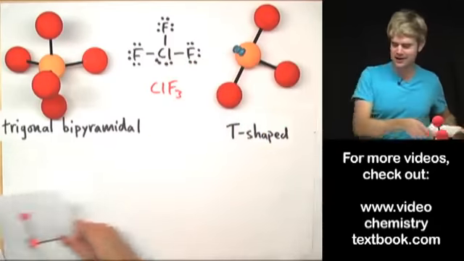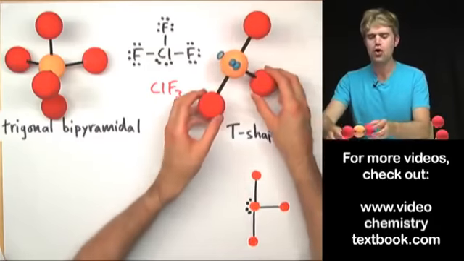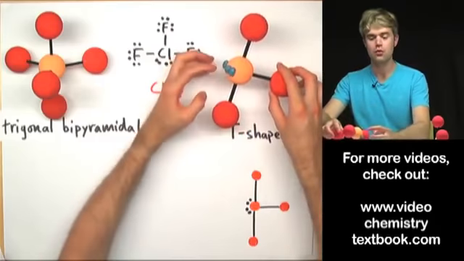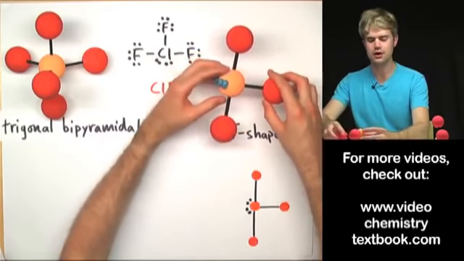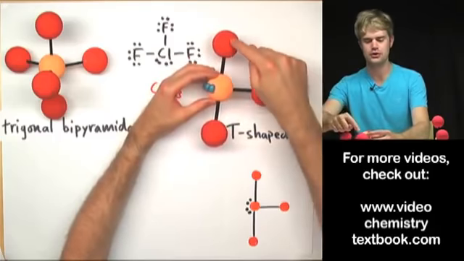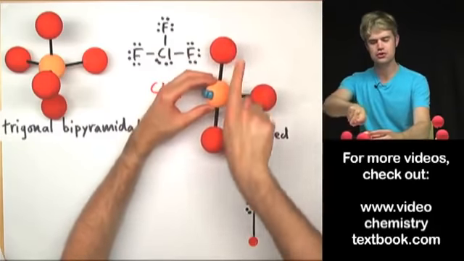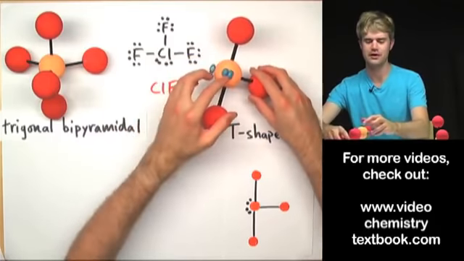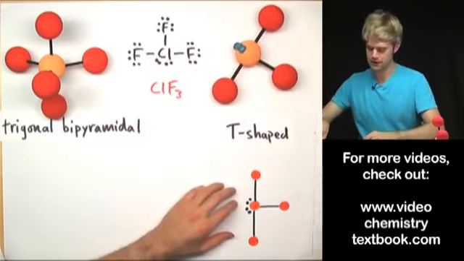Now, bond angles for the T-shaped. We have an unshared electron pair here and an unshared electron pair here, which means that, as we said before, these are going to be pushing these atoms inward. So the angle is not going to make a straight line, because these are going to be pushing like that because of the repulsion from those electron pairs.